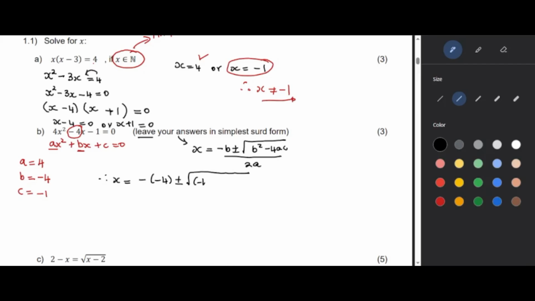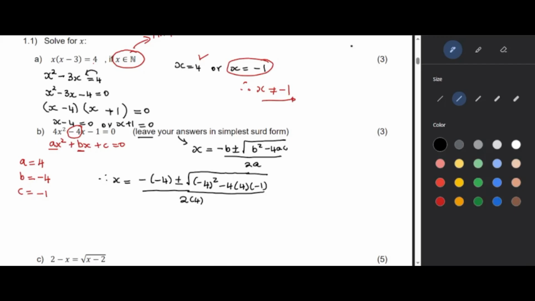This will be minus 4, b is minus 4. This is squared. Minus 4 into the value of a, which is 4, and the value of c is minus 1. Then I need you to make sure that you divide everything by 2 into the value of a, which is 4.